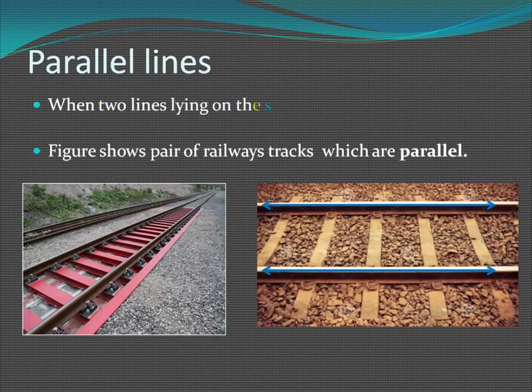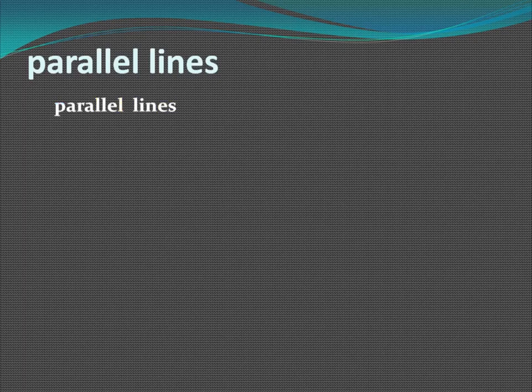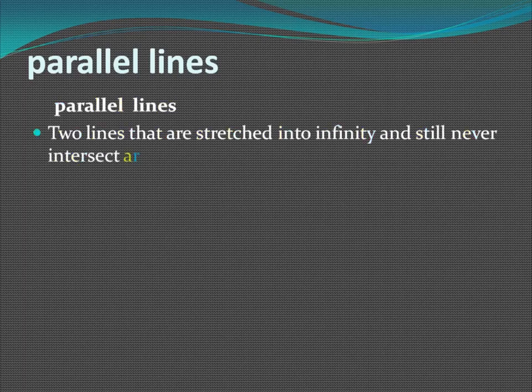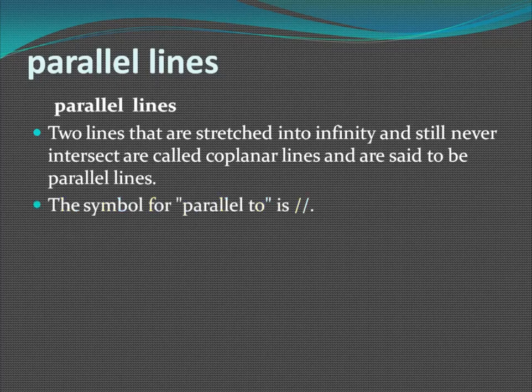So when two lines lying on the same plane do not intersect, such lines are known as parallel lines. Now this is the definition of parallel lines. Again the same: two lines that are stretched into infinity and still never intersect are called coplanar lines, and we can also say these lines are parallel. The symbol for parallel to is this.